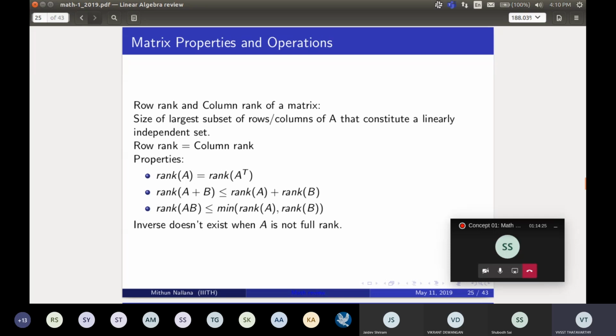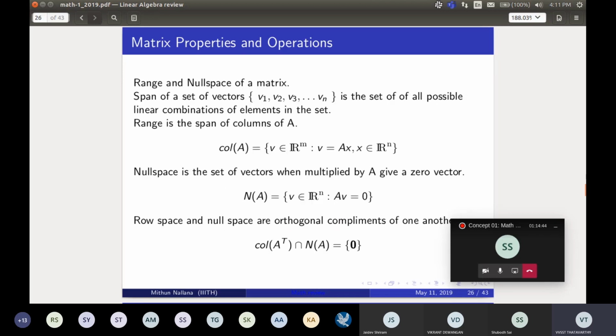In that case, we say that the rank is 2. So there are only two linearly independent equations in that 3 cross 3 system represented as a matrix, and you cannot solve it directly. So in a way, you can say that the inverse does not exist when A is not full rank. That is what this sentence means.